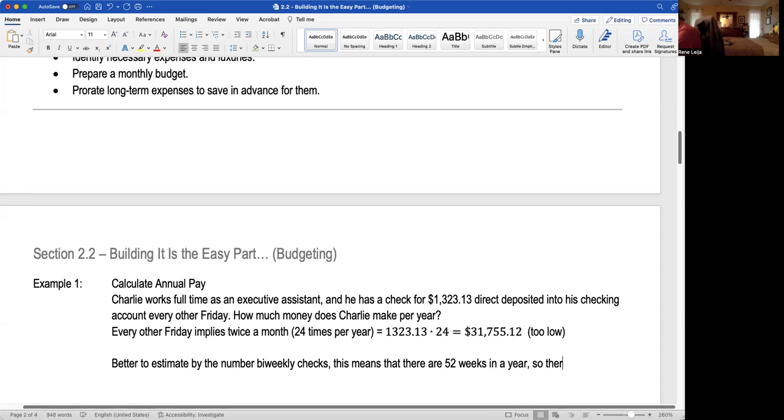So there would be 26 biweekly pay periods.